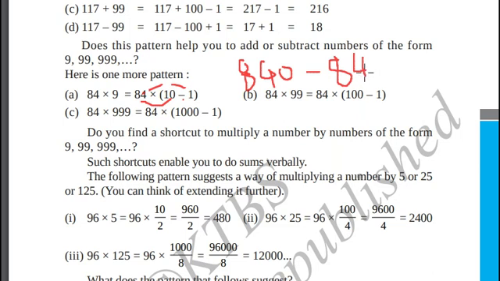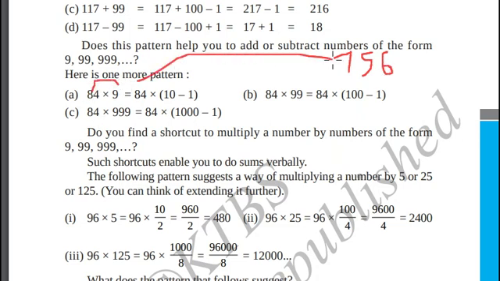To find the product, we just need to subtract these two numbers. 84 times 9 is equal to 840 minus 84, which is equal to 756. 84 times 9 is equal to 756. We find this shortcut very useful in some cases.